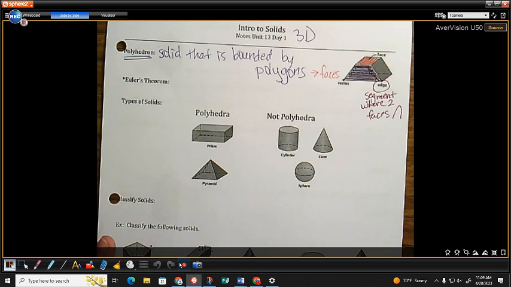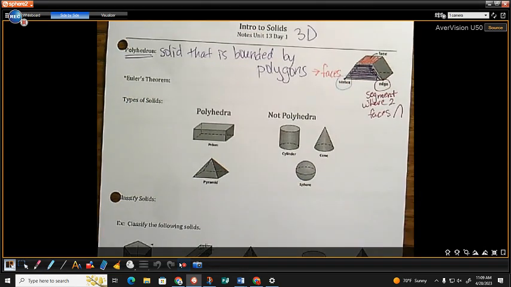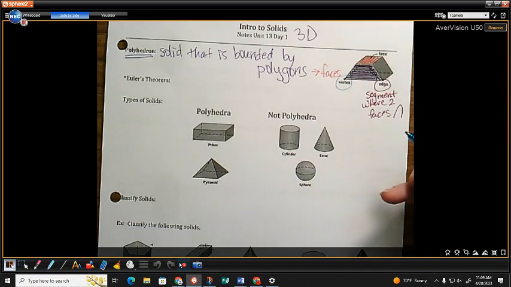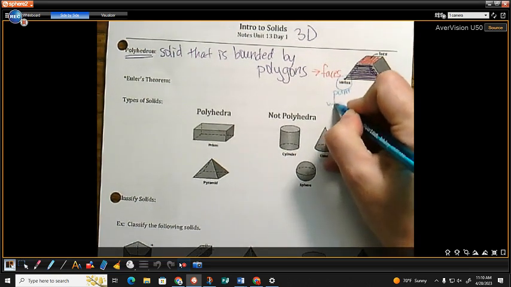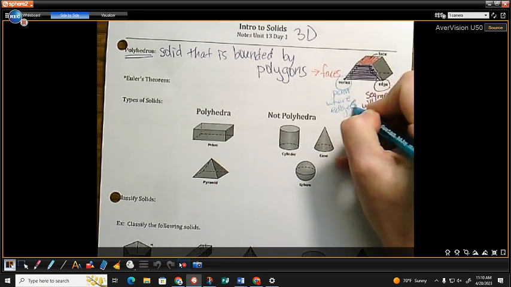What about a vertex? What is a vertex going to be then? A place where two segments intersect. And what kind of object is that place? A point. So a vertex is a point where edges intersect.